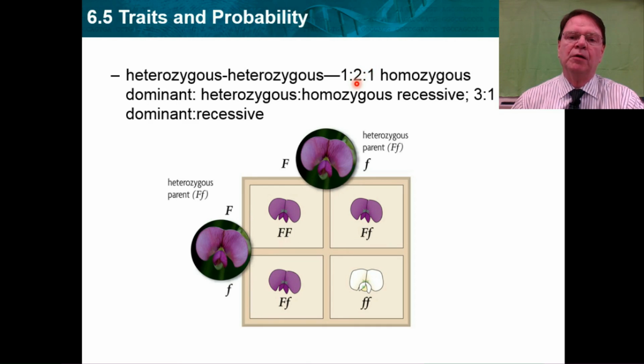And then the second number are those that are heterozygous, capital F, lowercase f, which is in this second and then the third quadrant here. And then, of course, the last value is going to be the last quadrant. In this case, it's lowercase f for both. And so we can see that we have a very nice prediction of what Gregor Mendel had observed in his experiments.